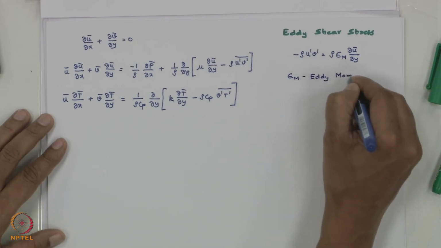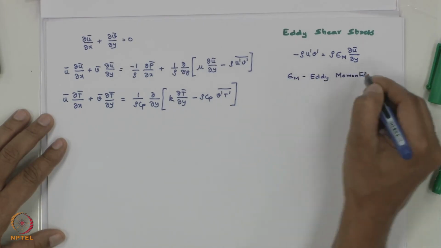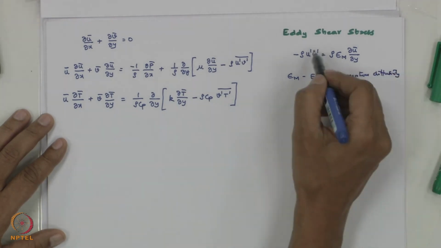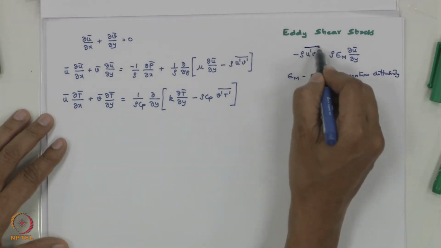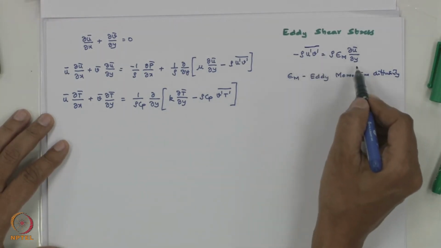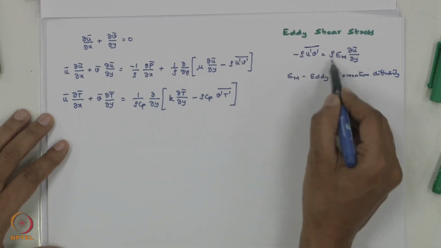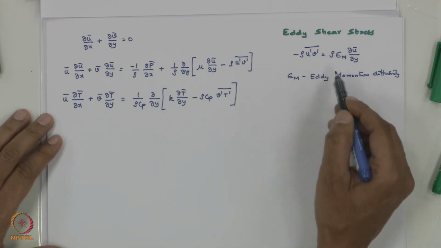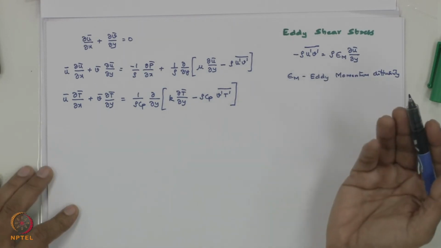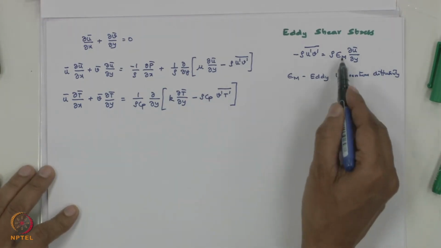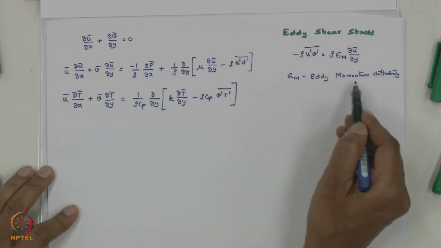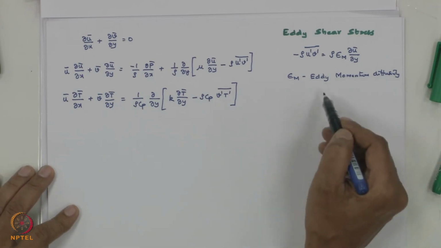This is a bold assumption. Why do I call this bold? Because the fluctuating components we are representing in terms of the mean components, and defining one more diffusivity. Kinematic viscosity nu is a momentum diffusivity. Here also we are defining a turbulent momentum diffusivity or eddy momentum diffusivity, that is epsilon m.